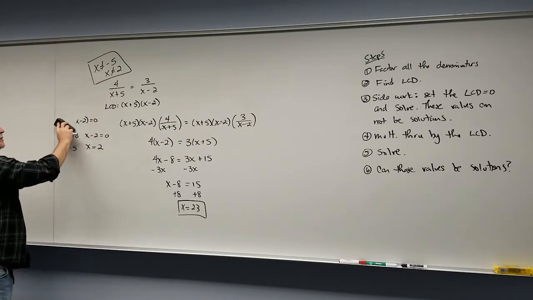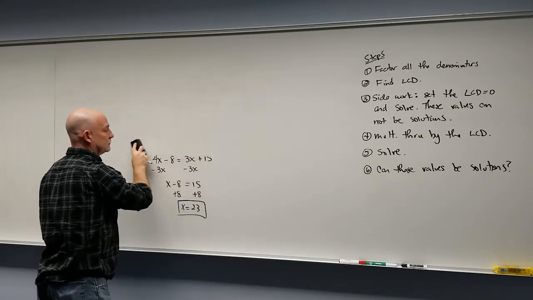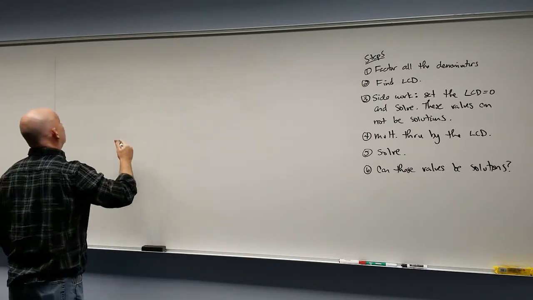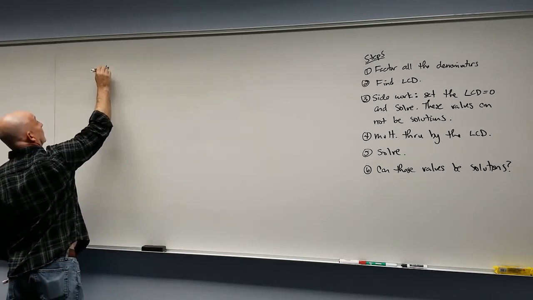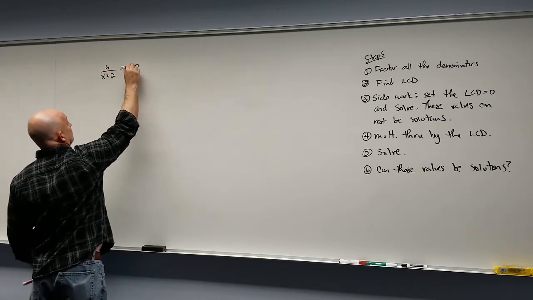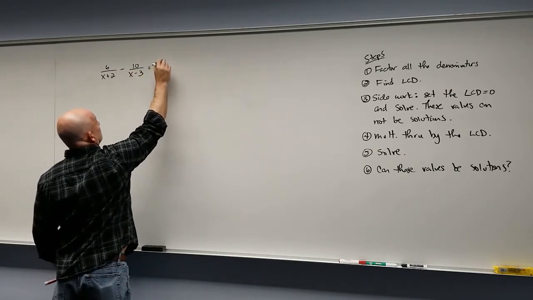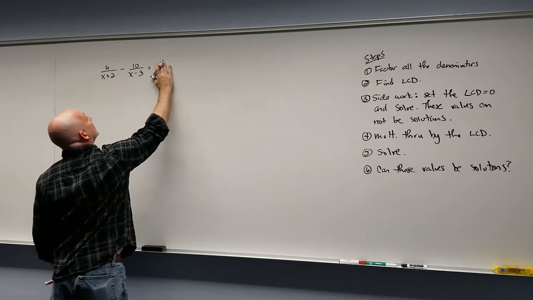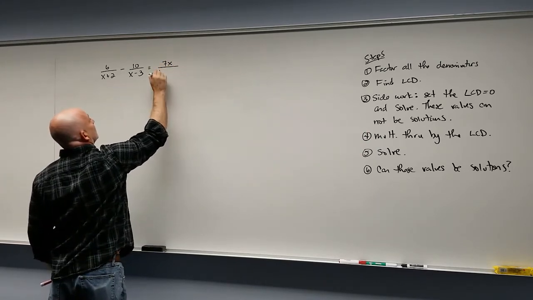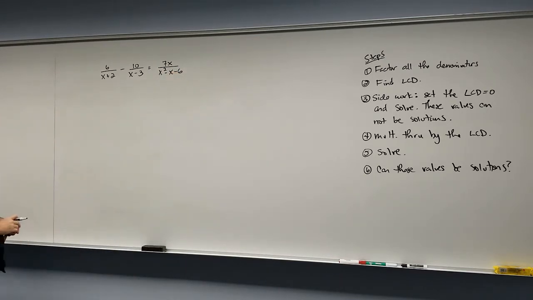All right, let me give you guys one of these to try, maybe a little bit longer. Let's say if I gave you 6 over x plus 2 minus 10 over x minus 3 equals 7x over x squared minus x minus 6.